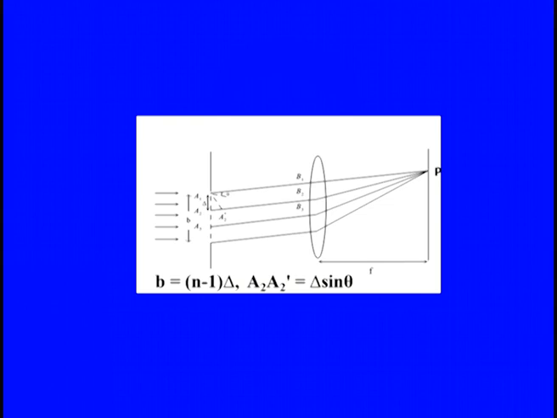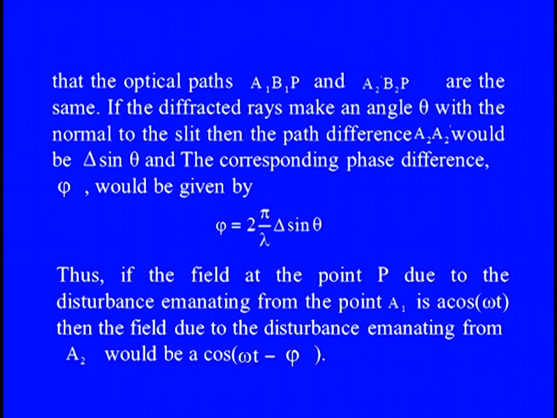This follows from the fact that the optical paths A1 B1 P and A2 prime B2 P are the same.